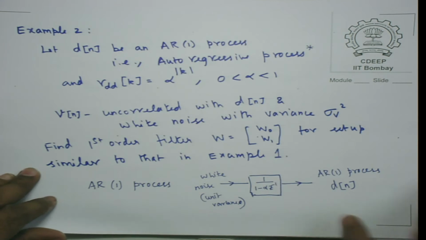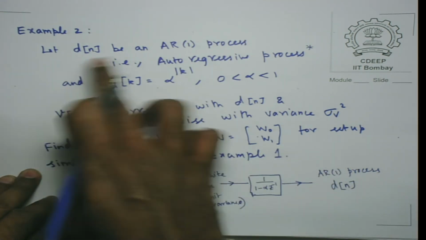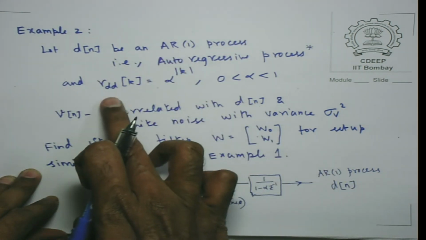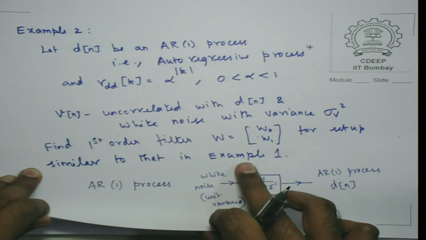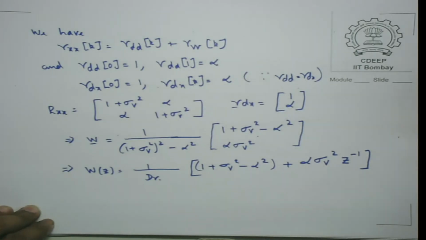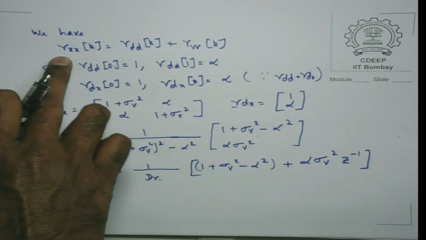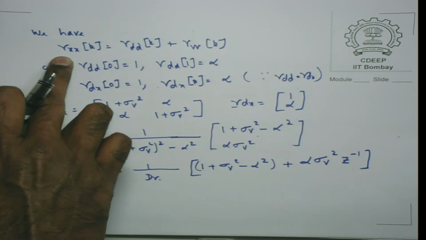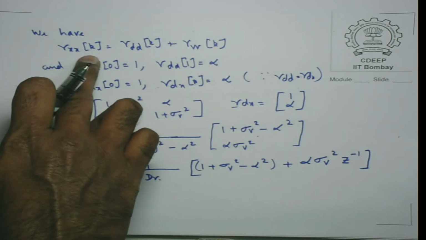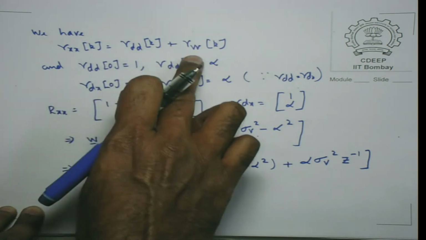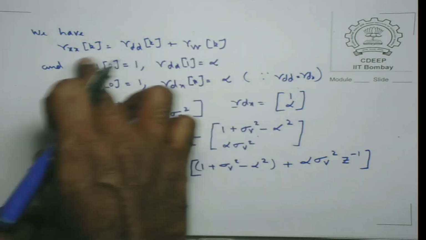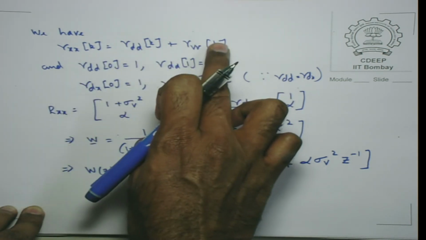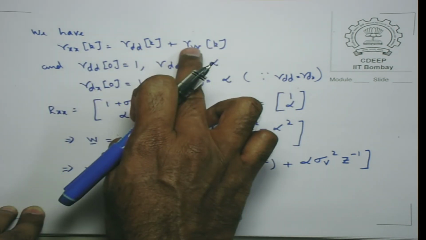So moving on with this setup of D of n being an AR1 process and the noise being uncorrelated with it, let's see what happens to the W which we had estimated in the previous case. We do similar things as we did in the previous example. Given the uncorrelatedness between the desired signal and the noise, Rxx is just the sum of RDD and RVV, which will show up in your autocorrelation matrix.